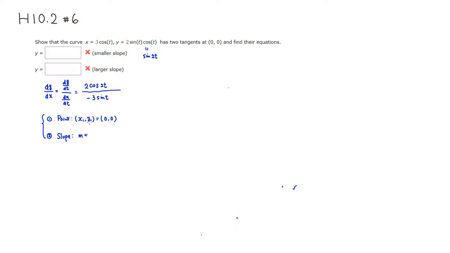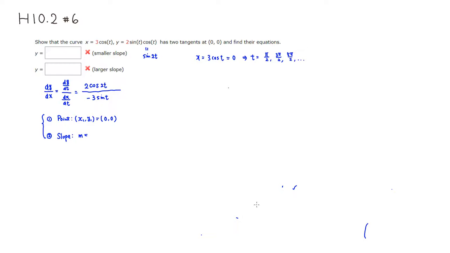So let's find the t value corresponding to the point 0 comma 0. We have x equal to 3 cosine of t, and we want this to be 0. In order for cosine to be 0, t is going to be pi over 2, 3 pi over 2, the next one is probably 5 pi over 2, and so on.